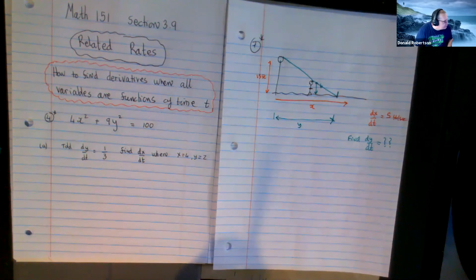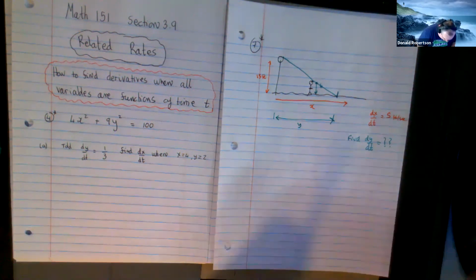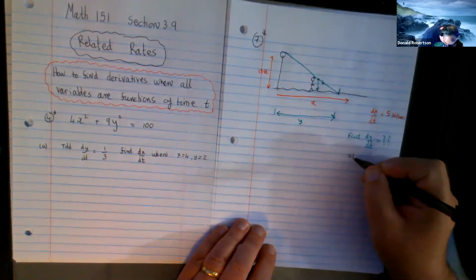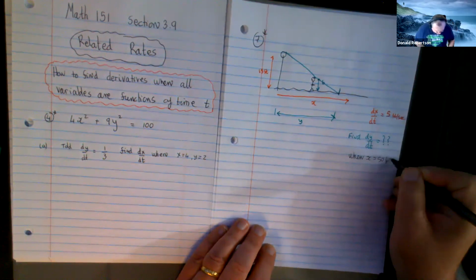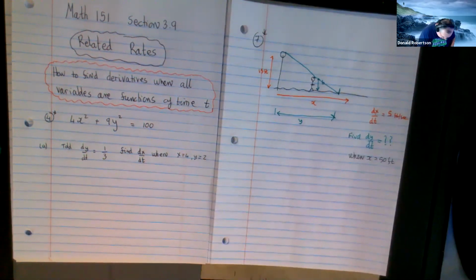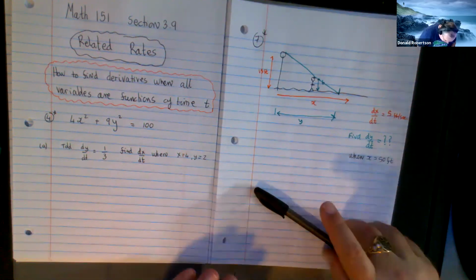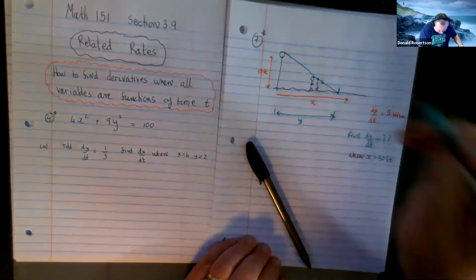And we're being asked to find that at what particular point in time? When he is 50 feet from the pole. Oh, so when you're telling me x is 50 feet. Okay. I guess I should have probably stopped my x here, but that doesn't matter too much.